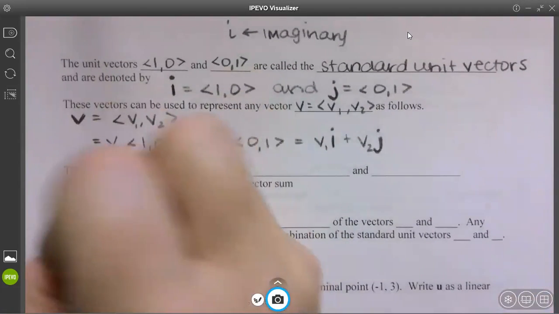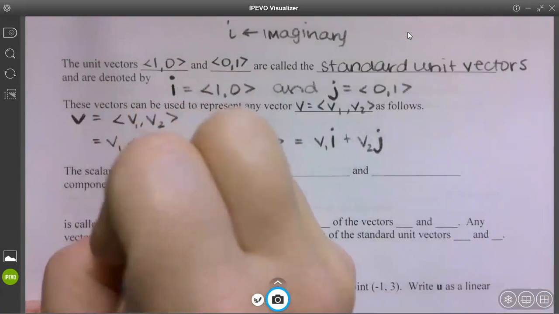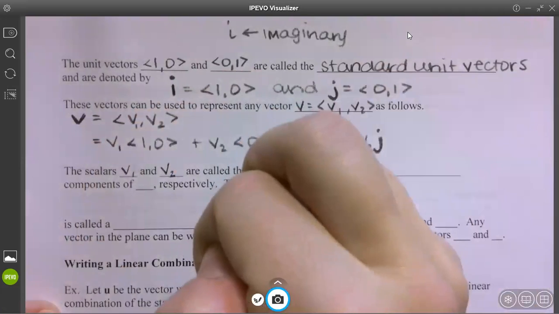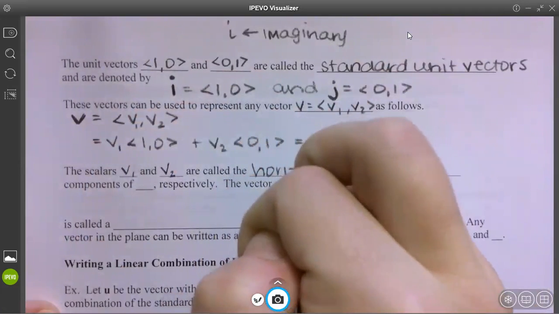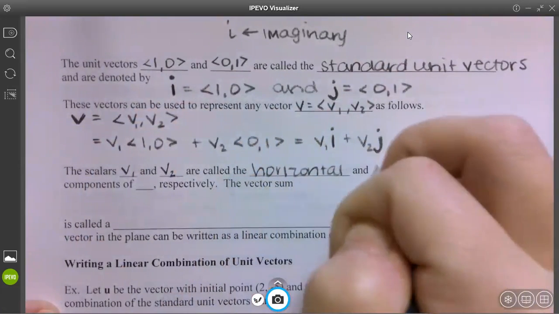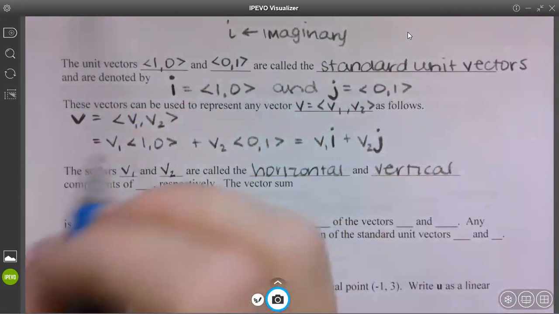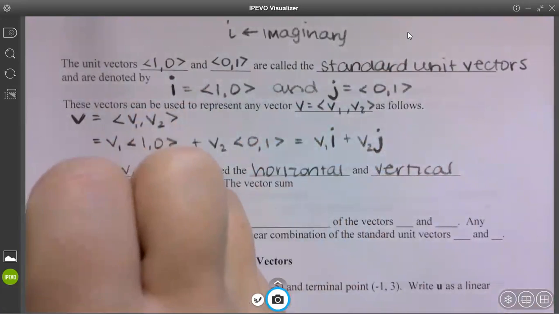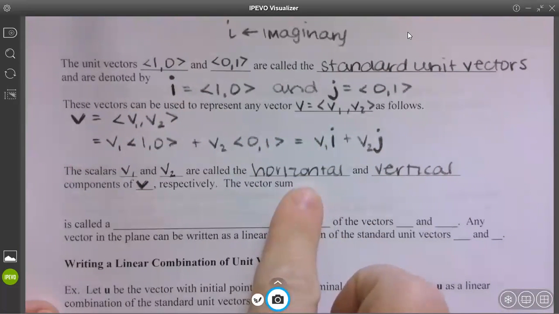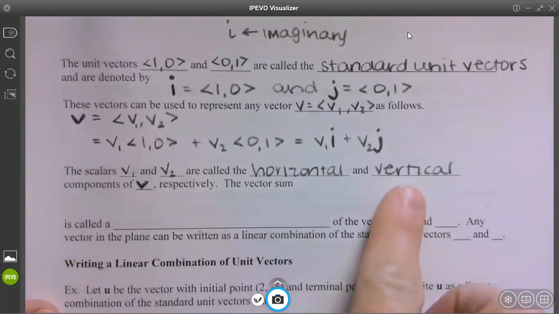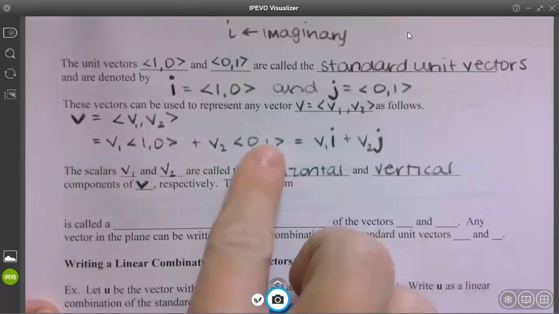The scalars V1 and V2 are called the horizontal and vertical components of V, respectively. Again, horizontal goes with the x-axis or the x coordinate, and vertical goes with the y-axis or the y coordinate.